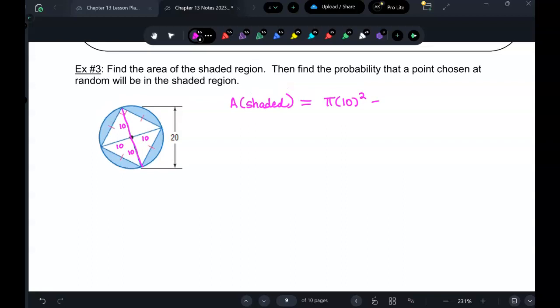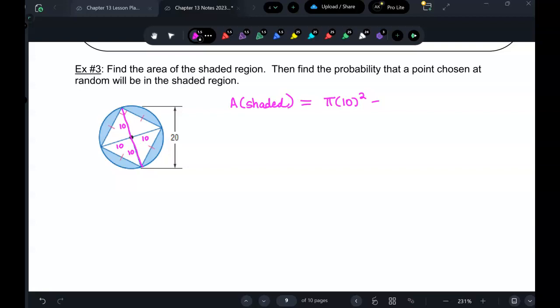No, the bluish black is shaded. On the paper it's black. Just think, what is the shaded region?